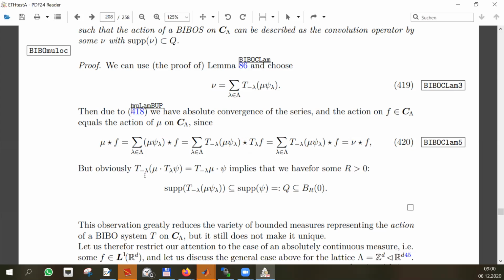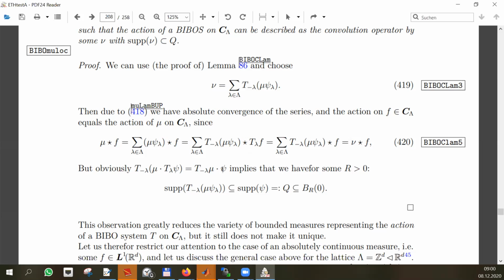But as I said, by shifting the pieces back to the center, they are all living where the psi lives. So as you can see it, it's a product, and the t minus lambda of t lambda of psi is just psi, and it's the inverse shift. So it's like pulling your measure to the localization operator psi, and they're all localized in the same place.